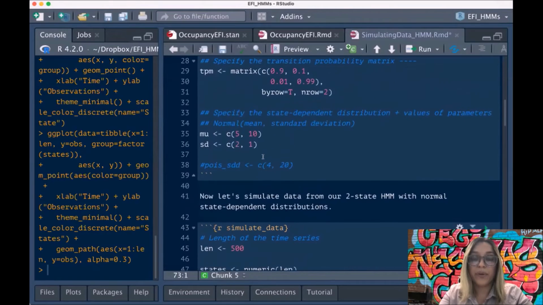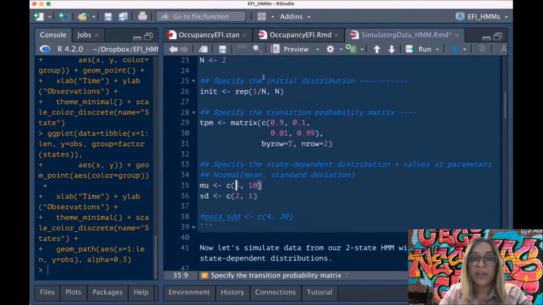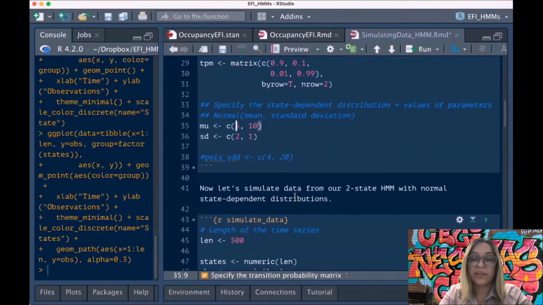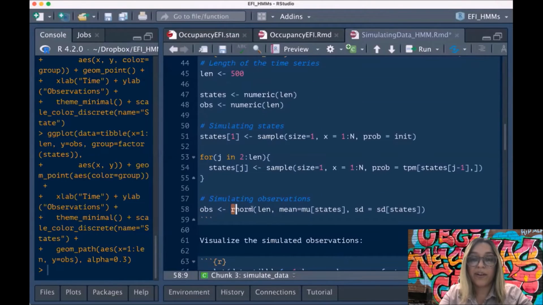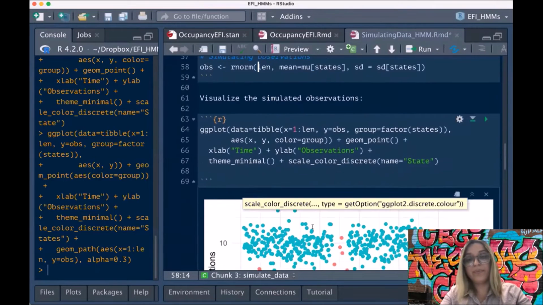So you can go through and modify the means. You can increase the number of states. And you can also change it to state-dependent distributions. So rather than rnorm, you can have rgamma or rpois, to generate data from a Poisson distribution.